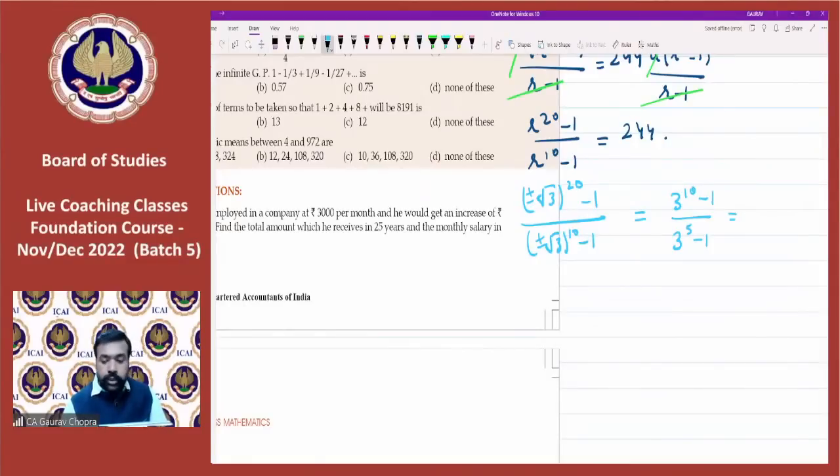So how much does it come? After solving, it is coming as 244. So we have verified that after putting option A, we are getting 244. So option A is correct. So this was question number 17.